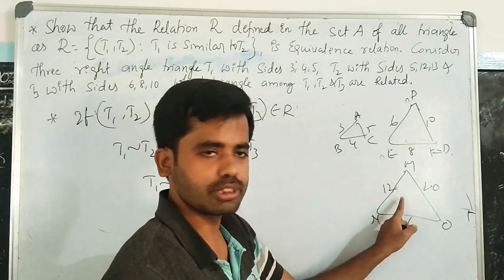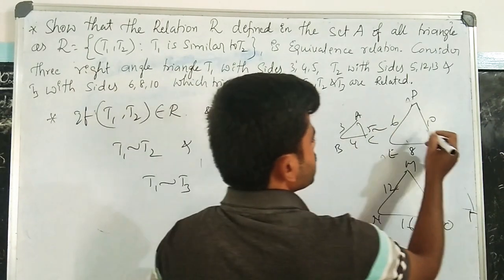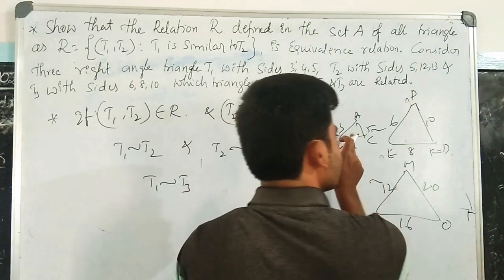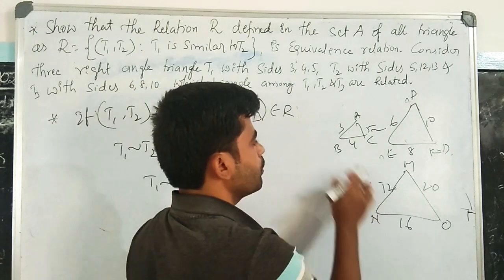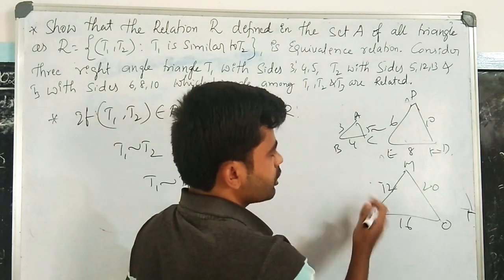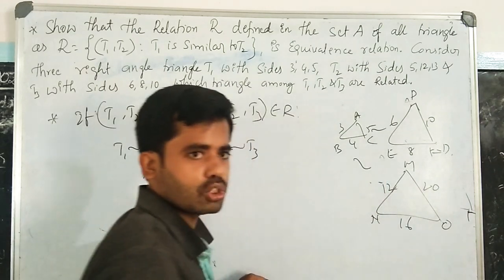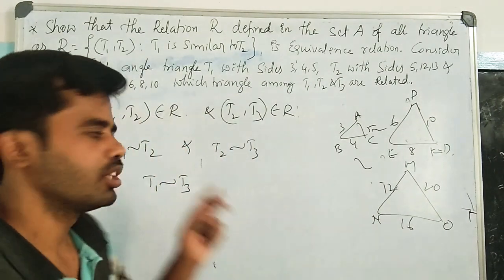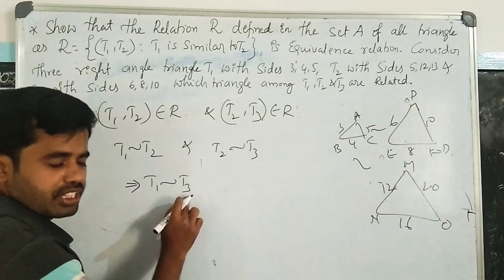This is also similar; corresponding sides give 1 by 2. Now this is similar to this one, and this is similar to this one. Can we say this is similar to this one? Let me take the corresponding sides: 3 by 12, how much will come? 1 by 4. Then 4 by 16 is 1 by 4, and 5 by 20 is 1 by 4. Then what conclusion can we give? T1 is similar to T3.